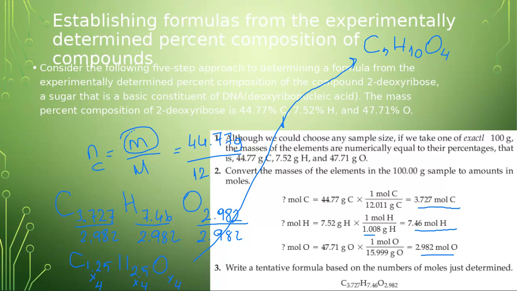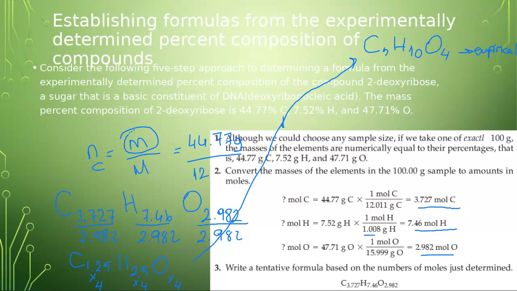Okay, and we get by this method C5H10O4 as the simplest formula, and this is the empirical formula. Don't forget that the actual molecular formula may be equal, or some multiple of that.